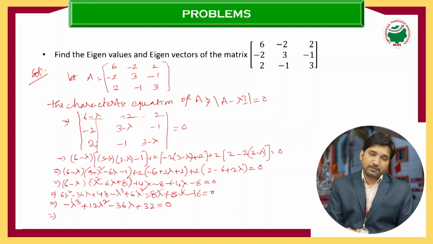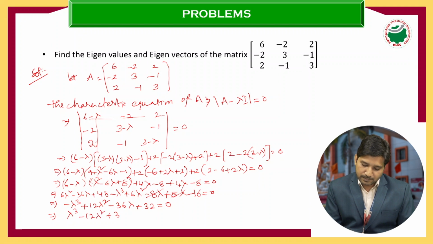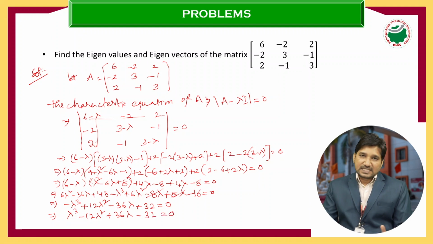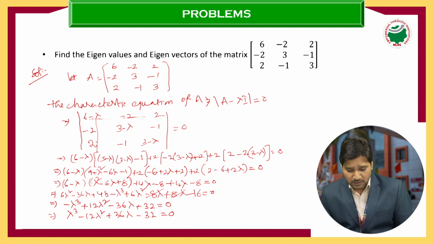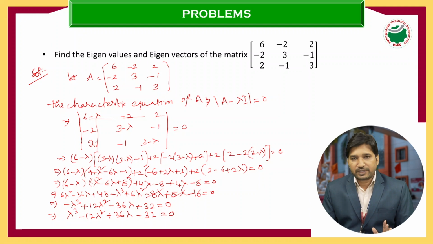After multiplying by the minus sign, we get lambda cubed minus 12 lambda square plus 36 lambda minus 32 equal to 0. This is the characteristic equation of the given matrix A. By using a calculator or any synthetic method, we can find the roots of the given cubic equation.